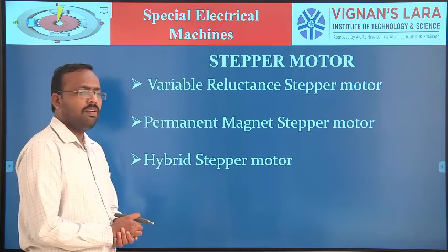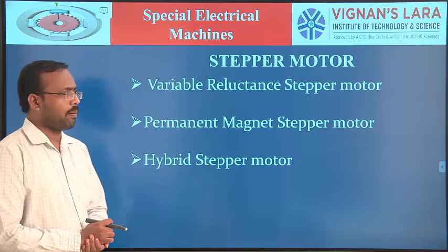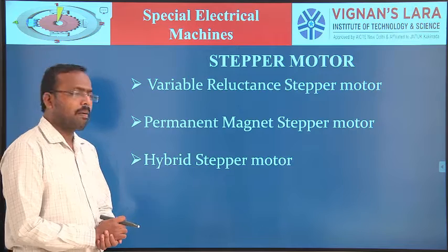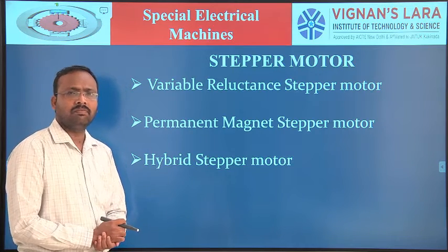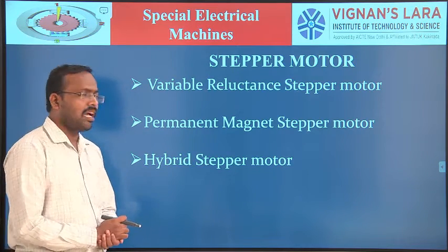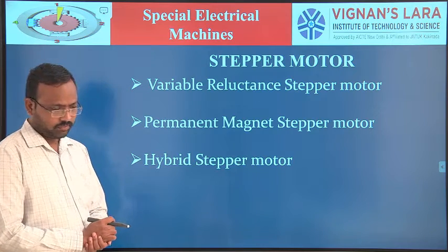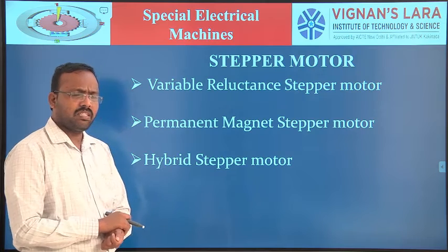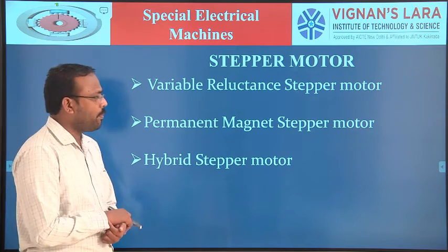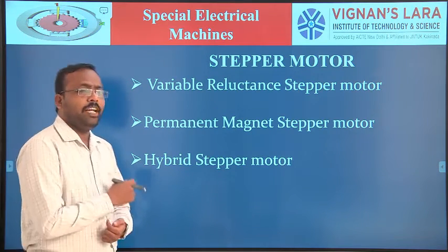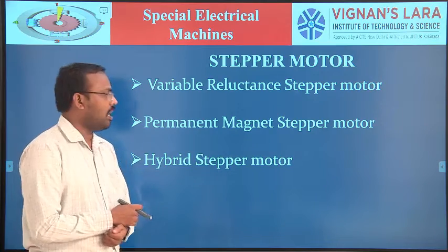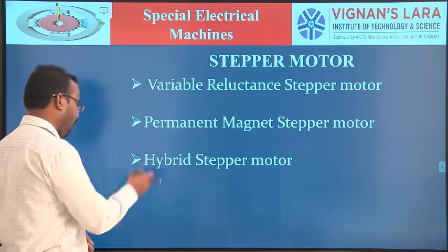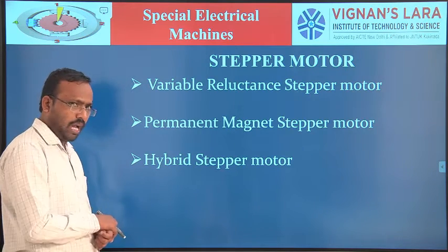One is the variable reluctance stepper motor. The second is the permanent magnet stepper motor. And the third is called the hybrid stepper motor. The hybrid stepper motor is a combination of variable reluctance stepper motor and permanent magnet stepper motor. We'll see how we design the hybrid stepper motor.